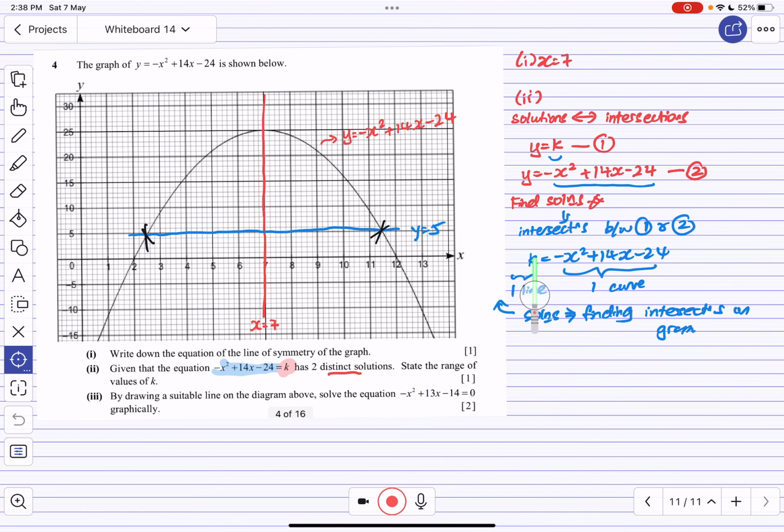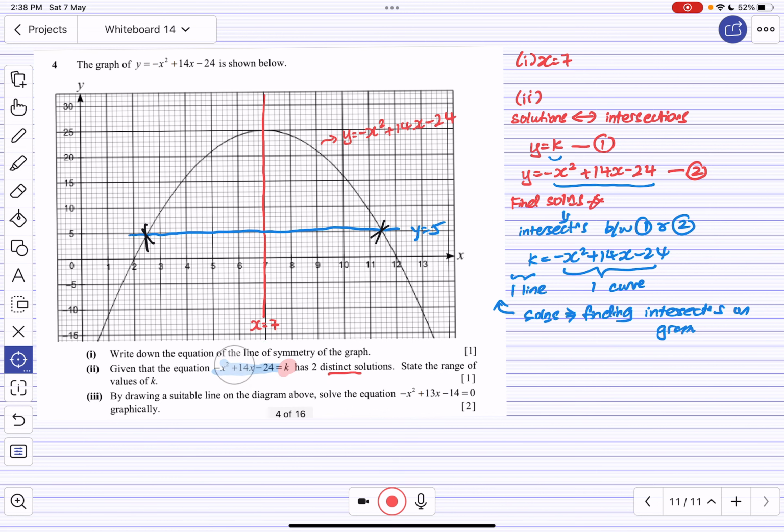So in this case, if k is equal to 5, the intersection between the two equations will also give you the solutions to this equation, right? So for solutions here, we are basically taking the intersection of two curves. One is y equals to k, and one is negative x squared plus 14x minus 24. Taking these two, the intersections give us the solution.